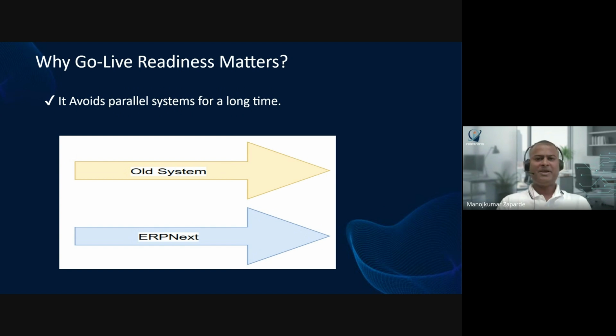In many cases we have observed that for 5 to 6 months the client is using the old ERP and ERPNext at the same time. Why? Because they have not done proper testing at the time of the UAT.